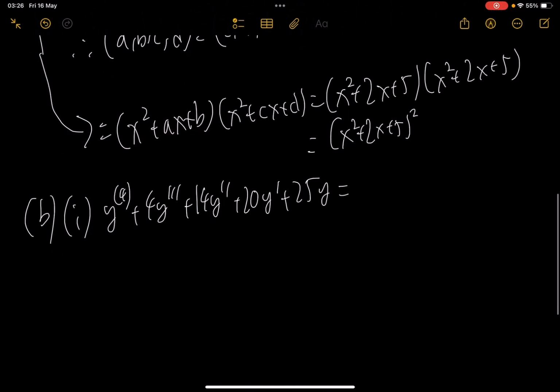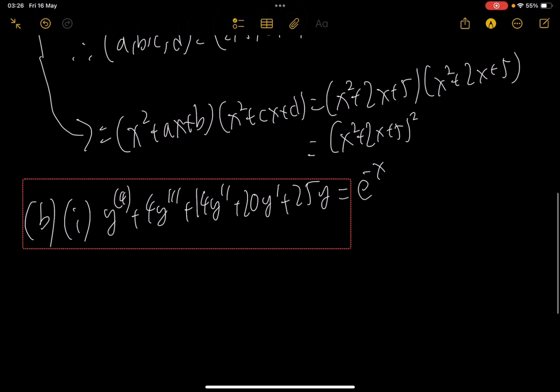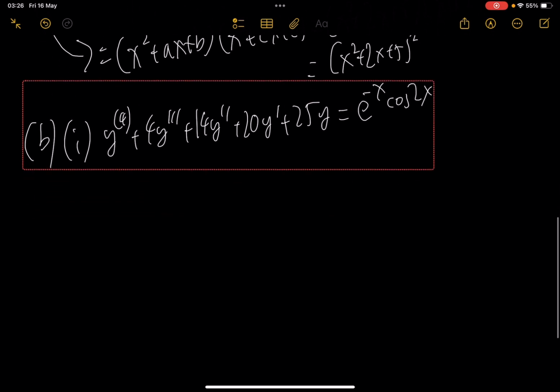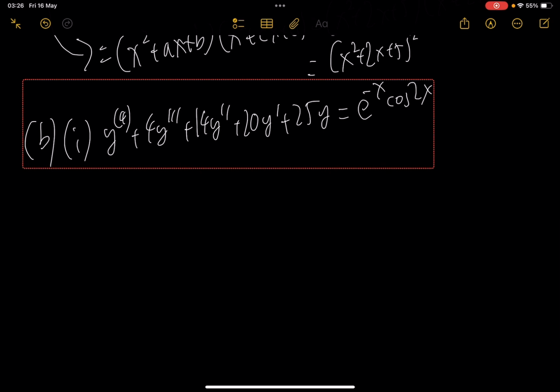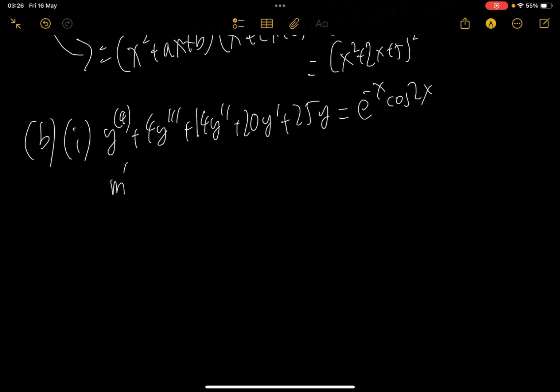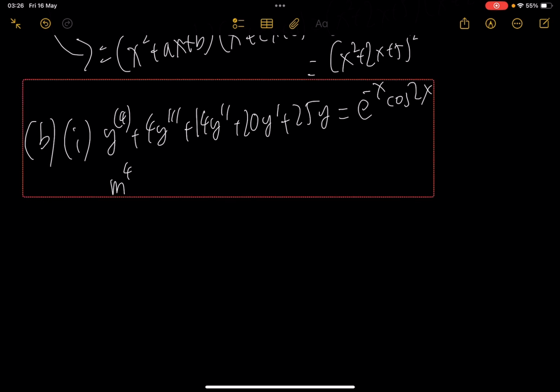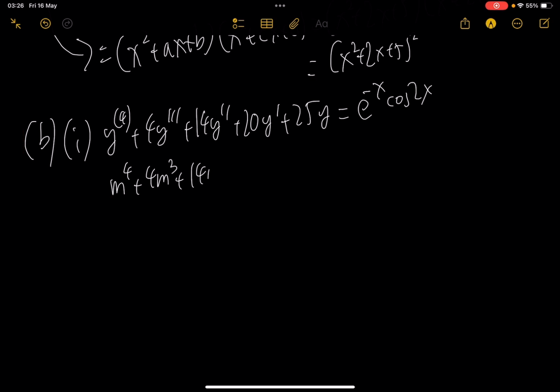We're going to solve this equal to e power of negative x cosine 2x, like that. Find the homogeneous solution. We are going to write the characteristic equation first: m power 4 plus 4m cubed plus 14m squared plus 20m plus 25 is equal to 0.